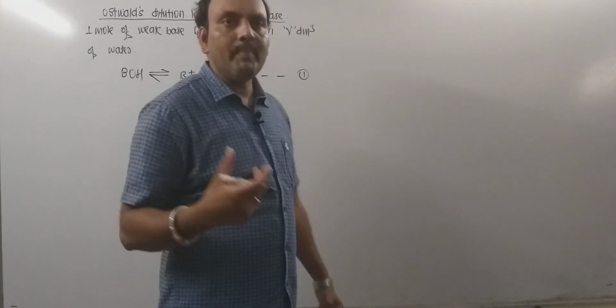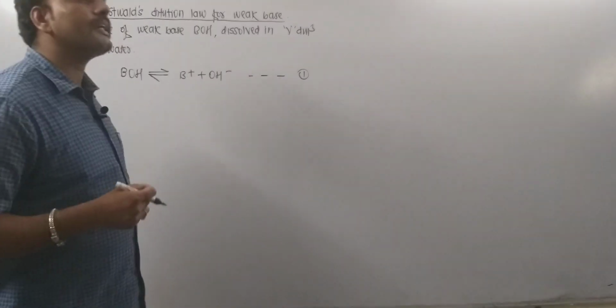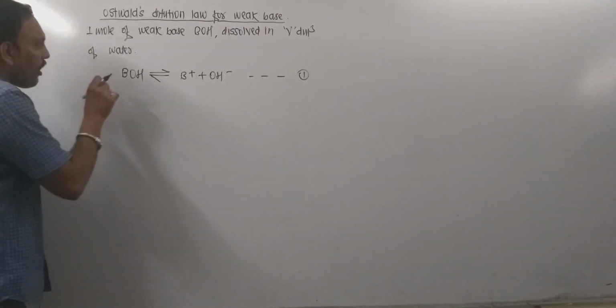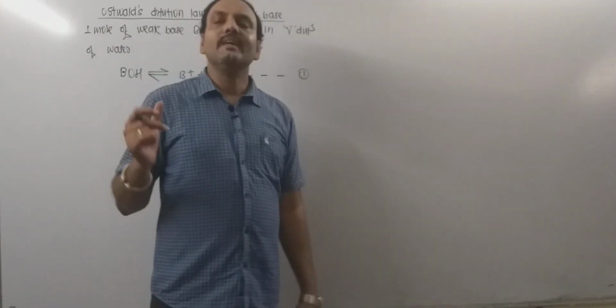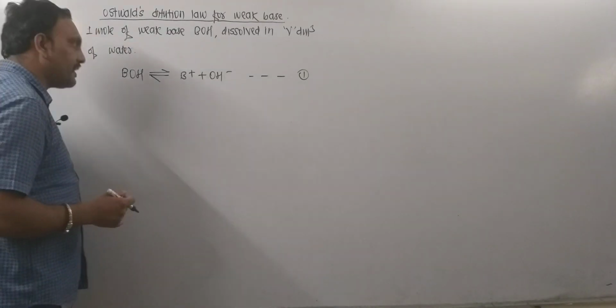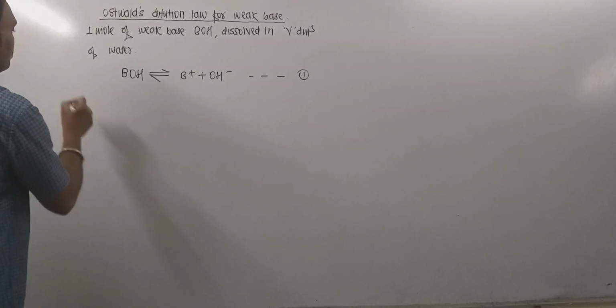Now we have considered a weak base. We know very well that weak electrolytes are dissociated in a feeble manner. Thus, out of 1 mole of BOH, let alpha moles get dissociated, producing B plus and OH minus ions.